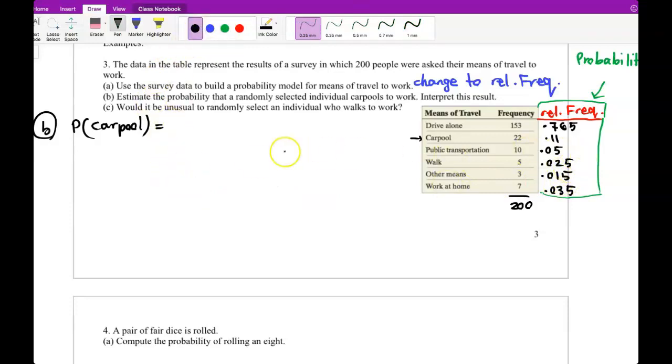Okay, so that is equal to 0.11 or 11%. We should interpret what that means. This 0.11 is equal to 11 over 100, or we can also say 110 divided by 1000. I multiply the numerator and denominator by 10 to have this.